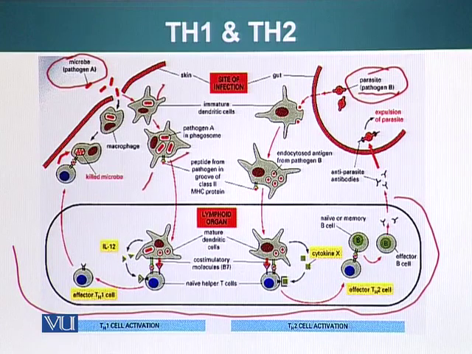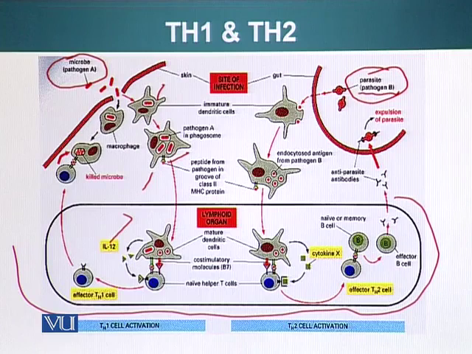By engulfing this pathogen, when this dendritic cell was becoming mature, in the process it started producing and secreting a signaling molecule called interleukin 12. So when it encounters the helper T cell, which is not differentiated yet, a naive helper T cell, it is going to stimulate it.